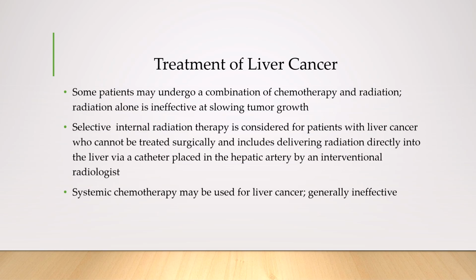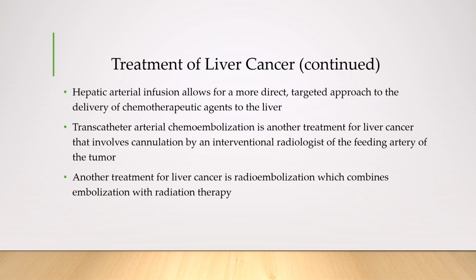Systemic chemotherapy may be used for liver cancer, however, it is generally ineffective. Hepatic arterial infusion allows for a more direct, targeted approach to the delivery of chemotherapeutic agents to the liver. Transcatheter arterial chemoembolization is another treatment for liver cancer that involves cannulation by an interventional radiologist of the feeding artery of the tumor.